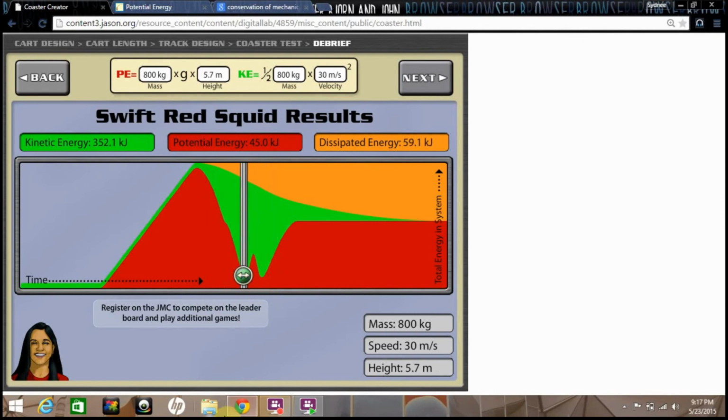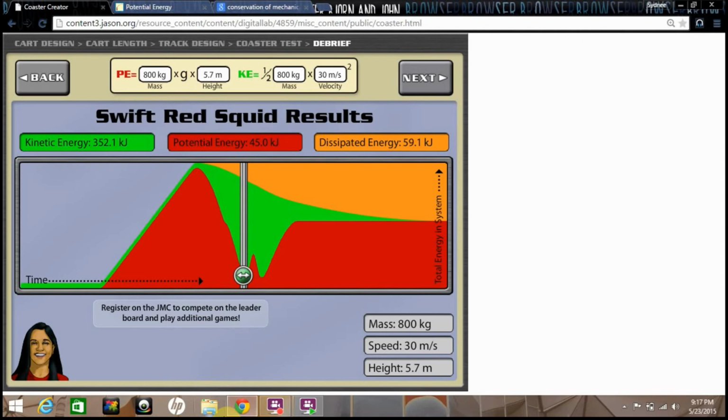As I said, the lower we go, the higher the kinetic energy goes. The lower we go, the lower the potential energy goes. So you can see that 352.1 and 45.0 does not equal 456.1, but it will, because there's also dissipated energy.